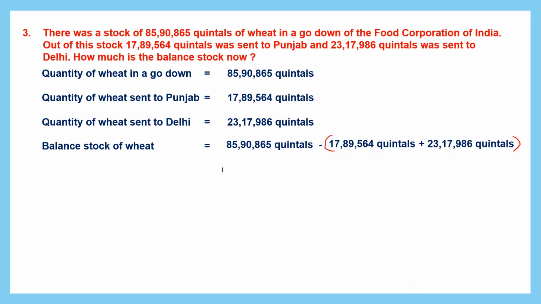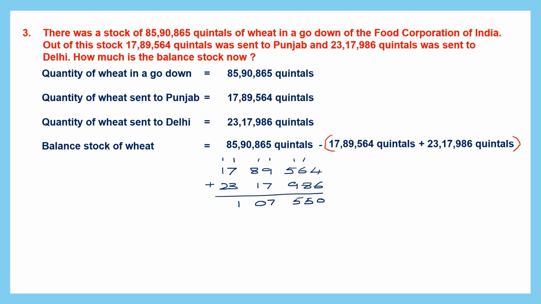So that will be 17,89,564 plus 23,17,986. 4 plus 6 is 10, we carry 1. 6 plus 1 is 7. 7 plus 8 is 15, carry 1. 5 plus 1 is 6. 6 plus 9 is 15, carry 1. 9 plus 1 is 10. 10 plus 7 is 17, we carry 1 again. 8 plus 1 is 9. 9 plus 1 is 10, carry 1. 7 plus 3 is 10. 10 plus 1 is 11.